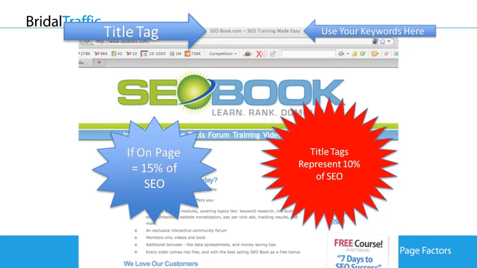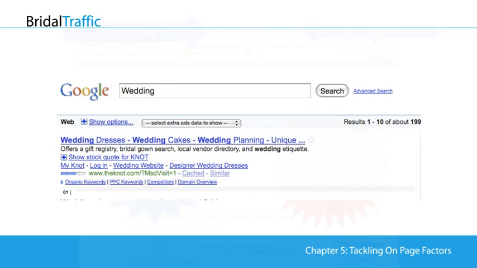Now, I'm going to say that again because that's a very important tip. Make sure that when you write your title tags, for the page that you want to rank for a certain keyword, you put the keyword at the very front of the title tag, because it's going to make a big difference in the SERPs, the search engine result pages for Google. Now, if we go to Google right now and we do a search for the keyword wedding, the first company that you see is theknot.com. Well, what you notice is the first keyword that they have in their title tag is wedding dresses.